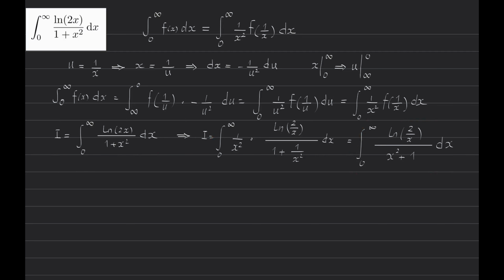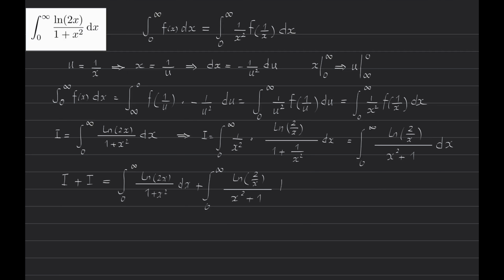Okay, now I will calculate I plus I. For the first I put the first integral from 0 to infinity of ln of 2x over 1 plus x squared dx. And for the second I write the integral from 0 to infinity of ln of 2 over x over x squared plus 1.